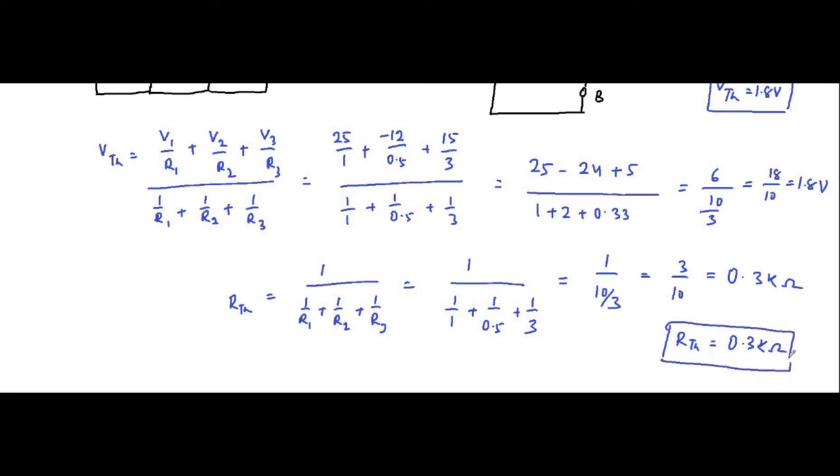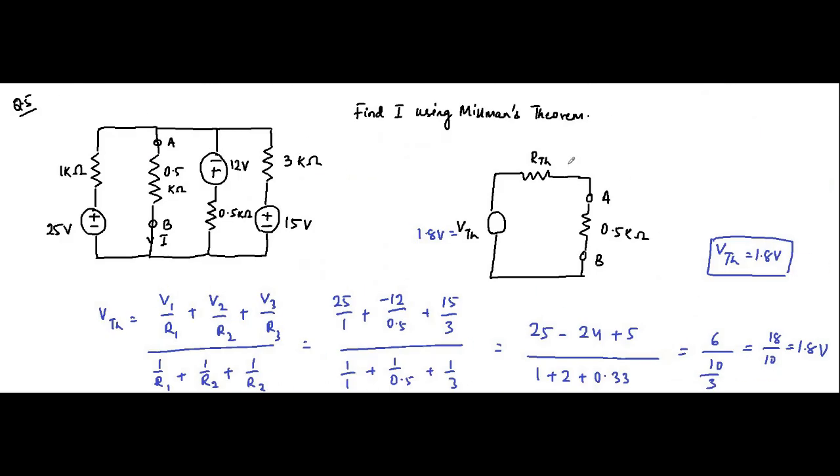Now we have 0.3 kilo ohm, and here it is 1.8 volt, so the polarity is plus minus.